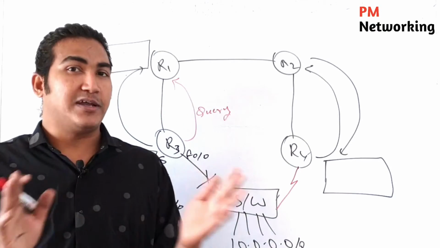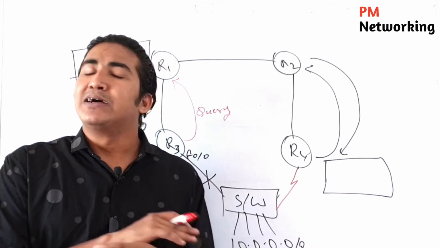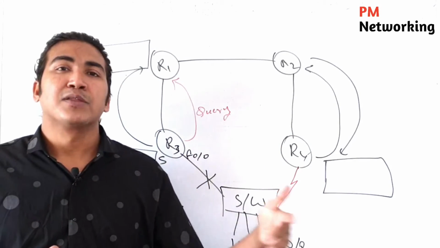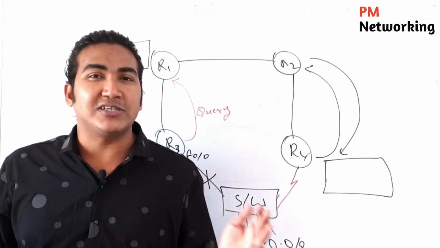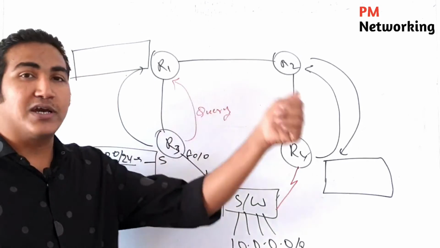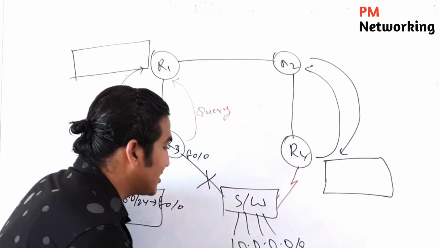So if a router has a feasible successor in its topology table, it doesn't ask the neighbor whether it has a path or not, right? But if a router doesn't have a feasible successor in its topology table, then the router will ask its neighbor router, hey, do you have a path to reach this network?